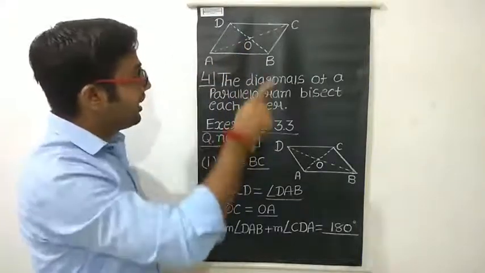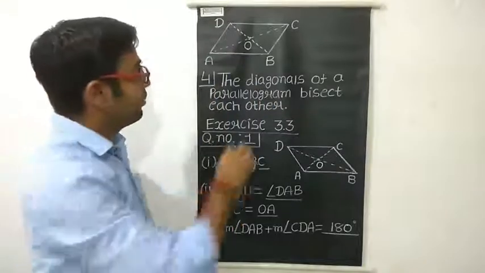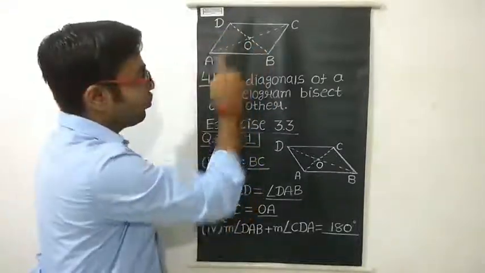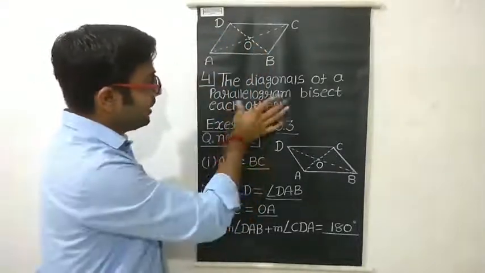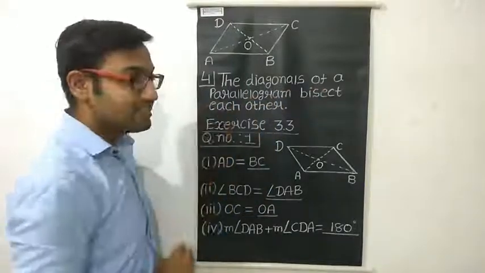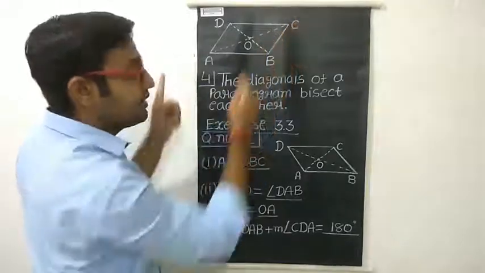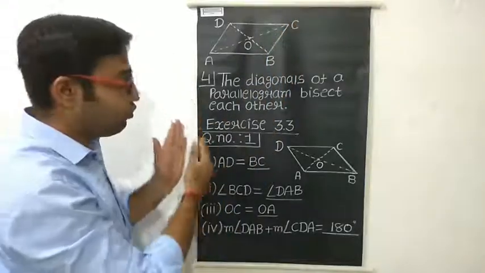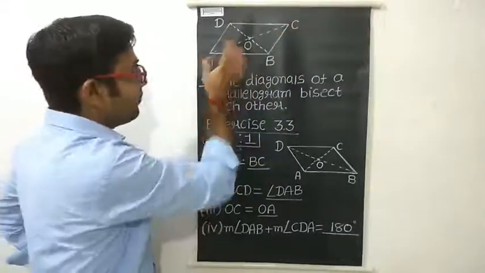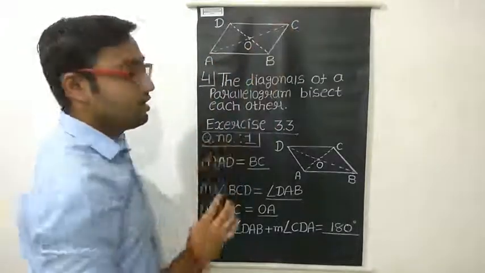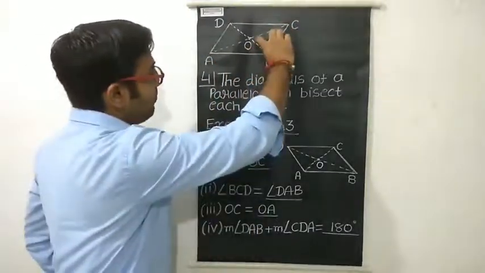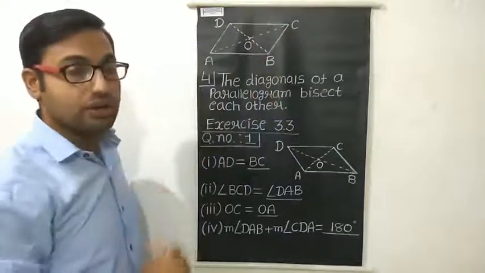Right? So both the diagonals are intersecting in only one point, that is O, and according to the property, diagonals bisect each other. Bisect means the total length of AC is divided into two equal parts. OA part and OC part are equal. OB part and OD part are also equal.